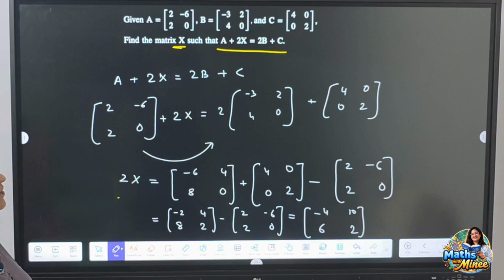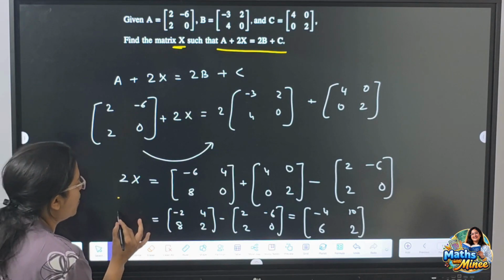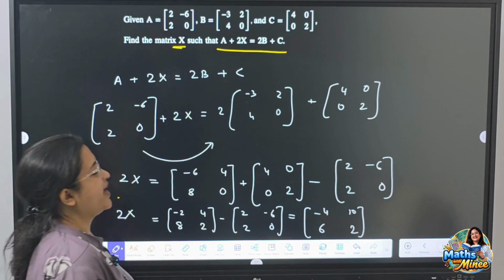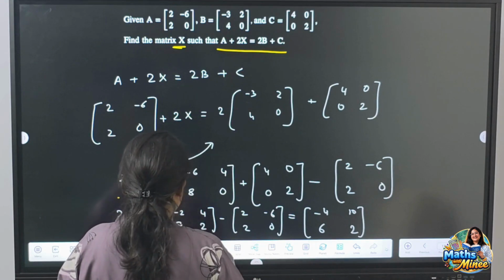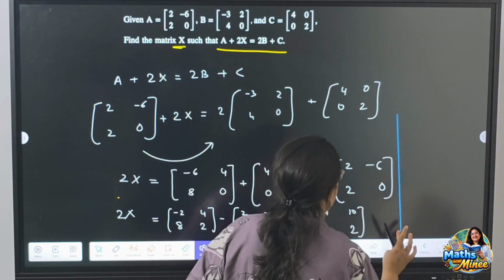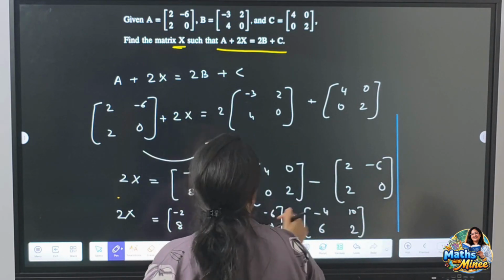But what is given to you is that this is equal to 2x, and we need to find out the value of x, right? So as you need to find the value of x, what will we be doing again? We will divide this, right?